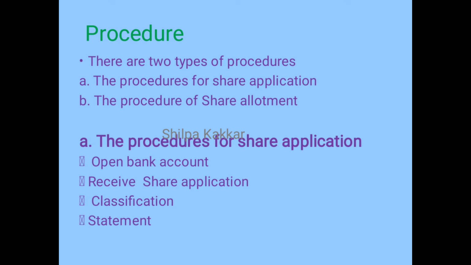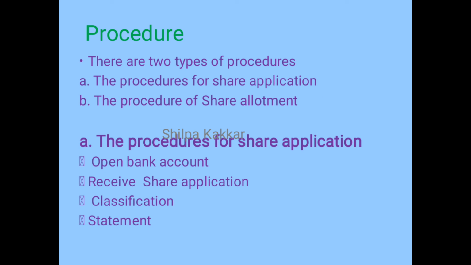The money remains blocked till the share allotment is done, and the application money is transferred to the company's account only after the allotment of shares. So again, the money remains with the applicant, and later on, if the applicant gets the share, only then that money is released from the bank and transferred to the company's account.